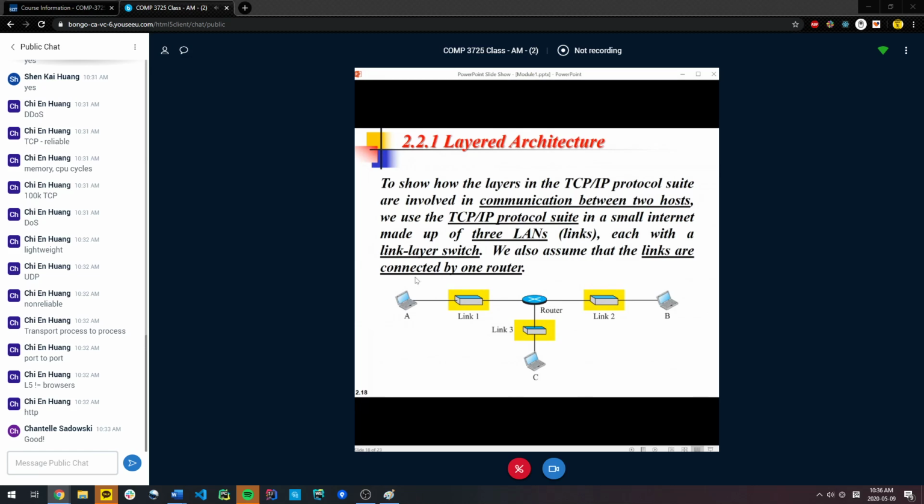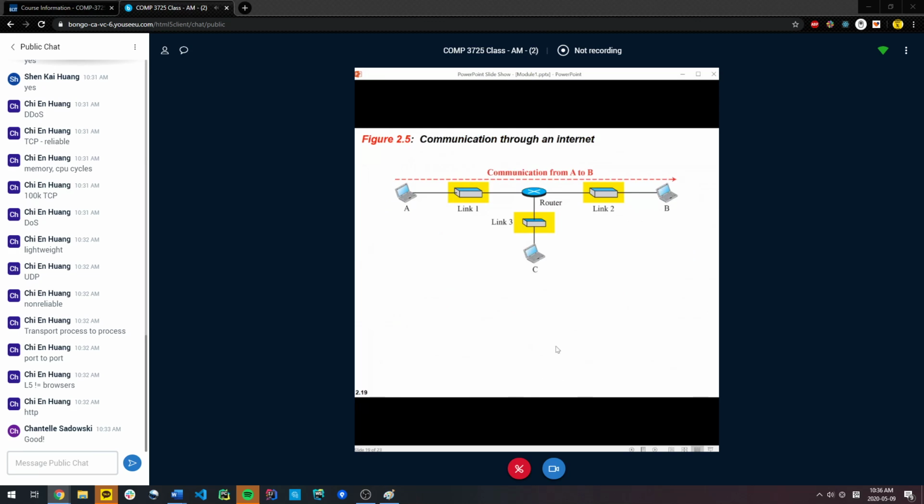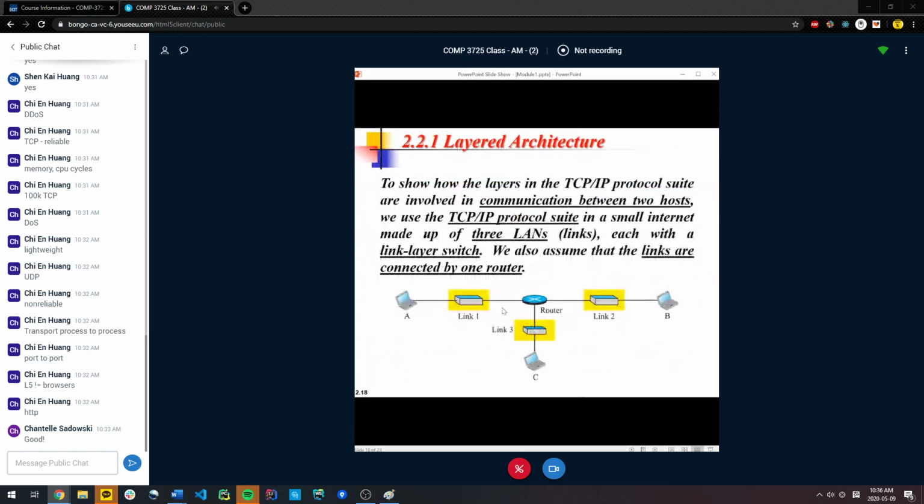So this is network 1, this is network 2, and then this is network 3. Oops, sorry, I clicked on the wrong mouse. Sorry about that. You can see the networks because across routers is where we bridge into another network.